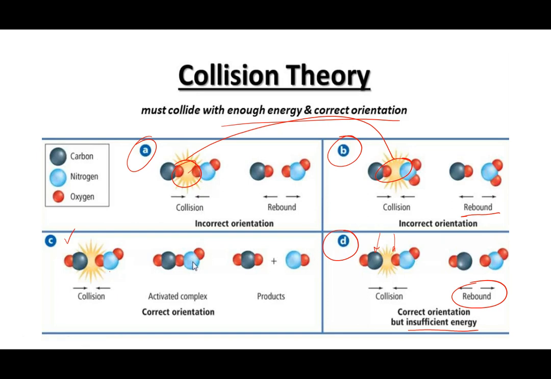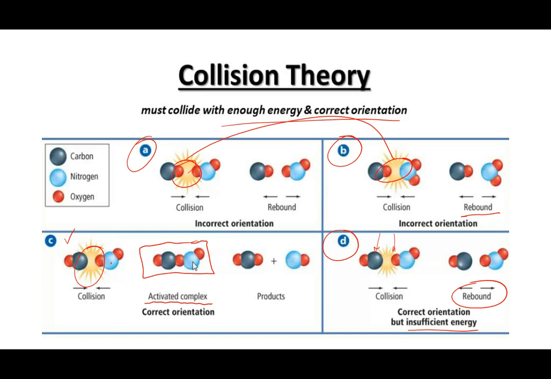So there's a collision with carbon and oxygen, nitrogen, and oxygen here. So this is the correct orientation for carbon and oxygen to come together, and it forms what is known as the activated complex. This is a very fleeting moment where this compound is formed.